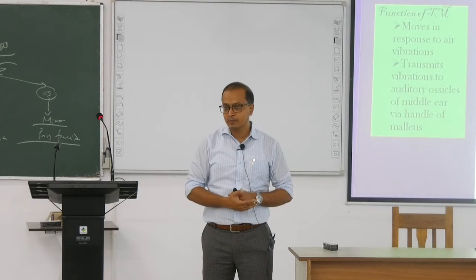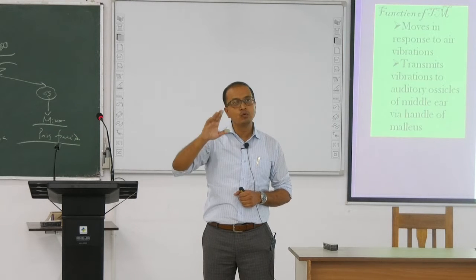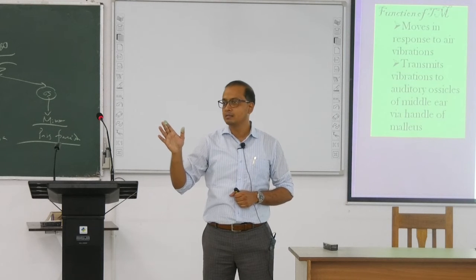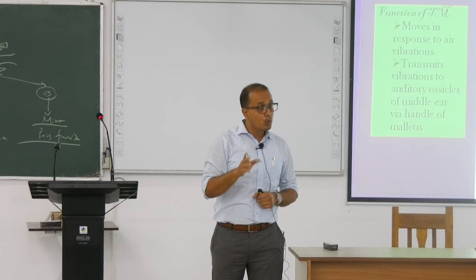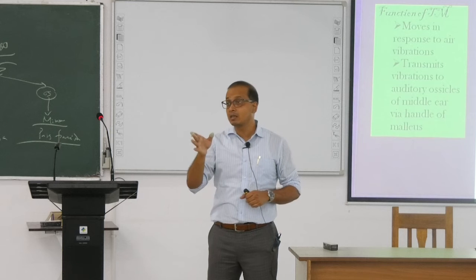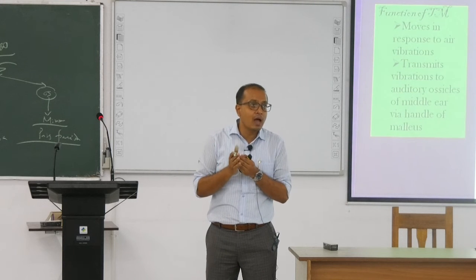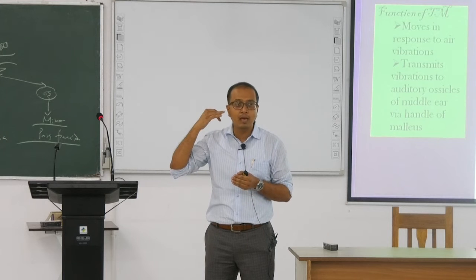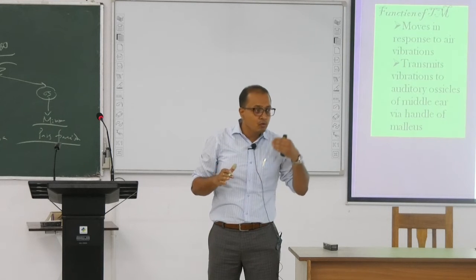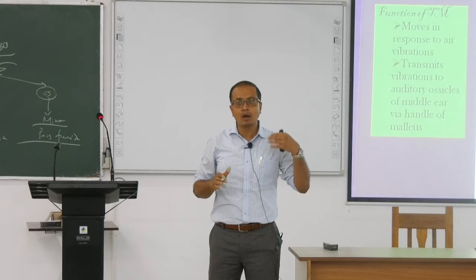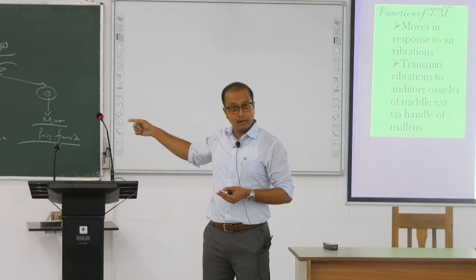Now, coming to the clinical aspects. The tympanic membrane has two different nerve supplies on two different areas. Depending on whether inflammation is affecting it from the inner side or the external side, different nerves pick up the sensation. So if you have an ear infection involving the external ear that is moving towards the tympanic membrane, then any pain sensation or discomfort is picked up by cranial nerves 5 and 10.